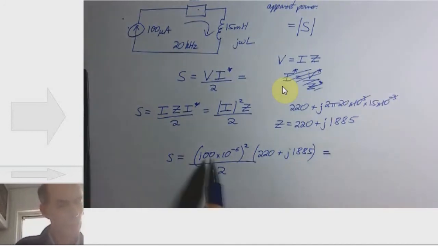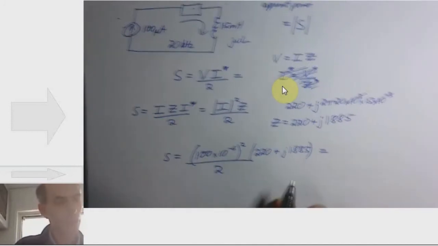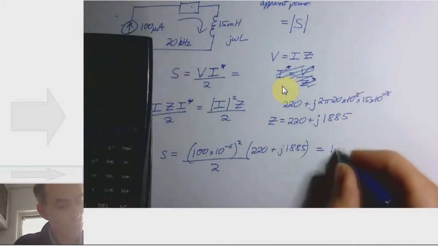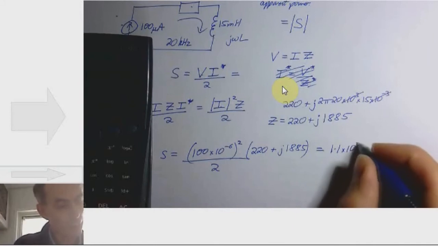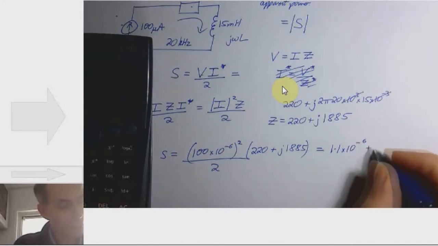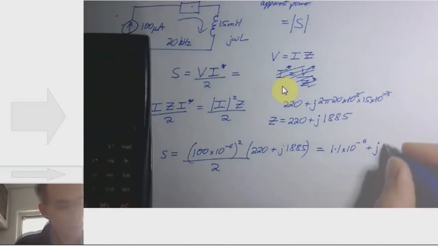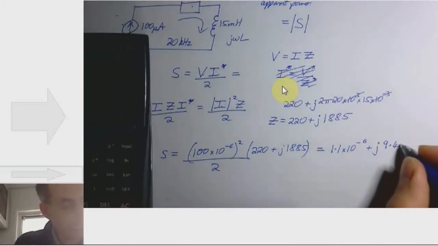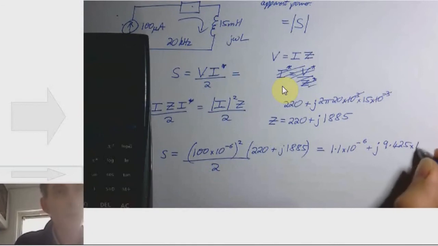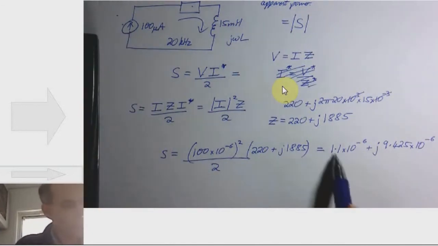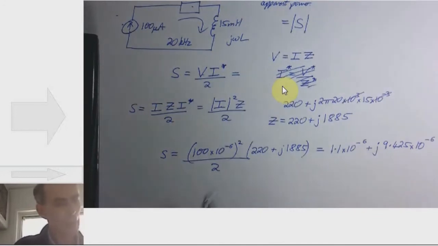And if I work out what this is in terms of a real and imaginary component, it would give me 1.1 times 10 to the minus 6 plus j times 9.425 times 10 to the minus 6. And I want the magnitude of that. Apparent power is the magnitude of the complex power.